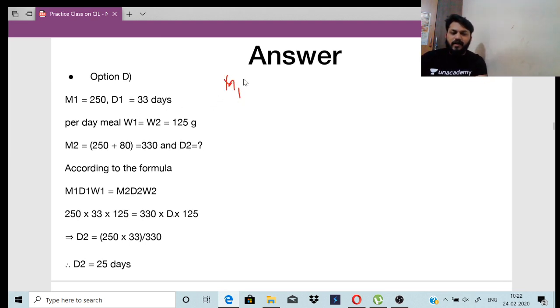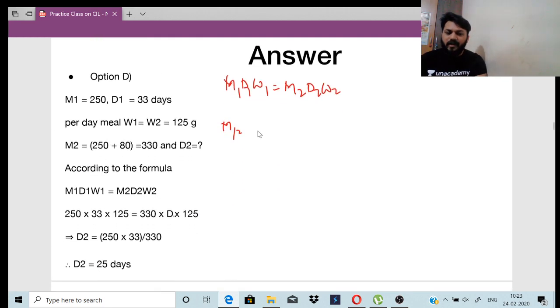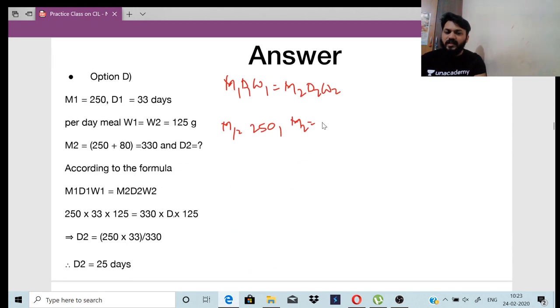So M1 D1 W1 is equal to M2 D2 W2. What is M1? M1 is 250. M2 is 250 plus 80. 250 plus 80 is 330.